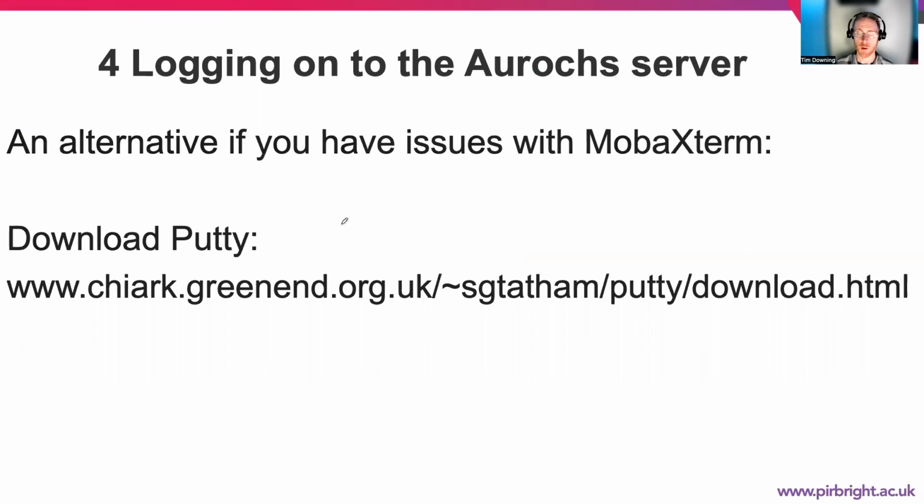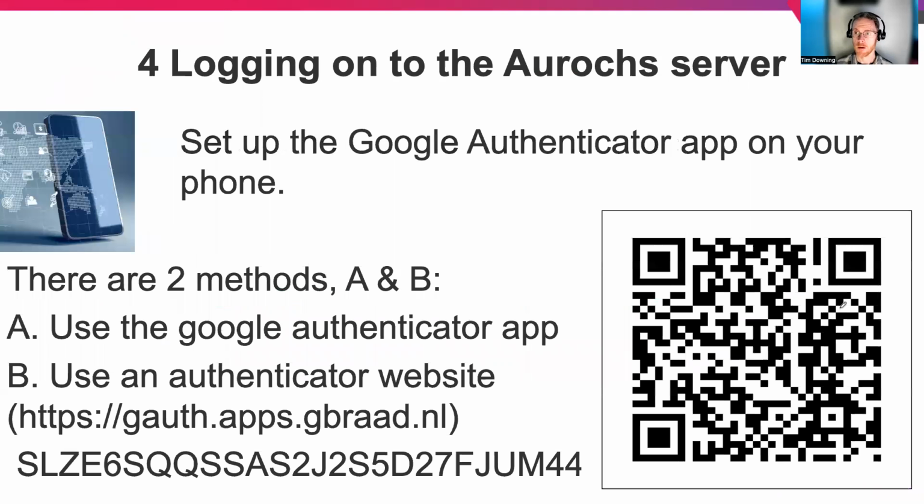If you have issues with MobaXterm, you can also use PuTTY, either download it from this website here or install it from the Software Center. You'll need to add the Google Authenticator onto your mobile phone to do this. The Google Authenticator app is available for Android and iPhone or whatever you have. The main method is to use the app on your phone.